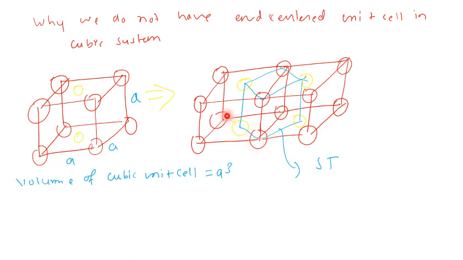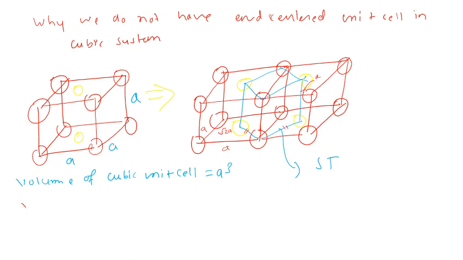Suppose this length is a and this length is a, so this complete length will be root 2a, and half of the blue line will be root 2a by 2. Similarly this side and this side will be equal, and this one is a only.